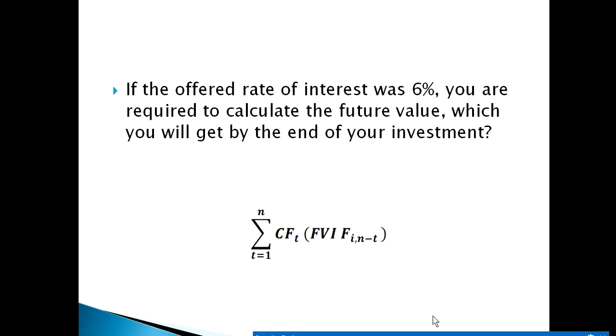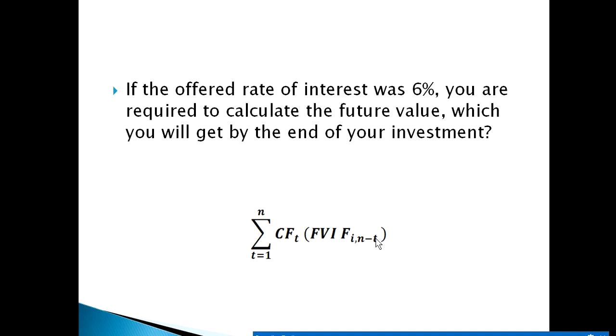In this case, we have to employ this shown formula, which is the summation of our cash flow in time t multiplied by the future value interest factor for i, which is the rate of interest, and n minus t, the number of years minus the time.